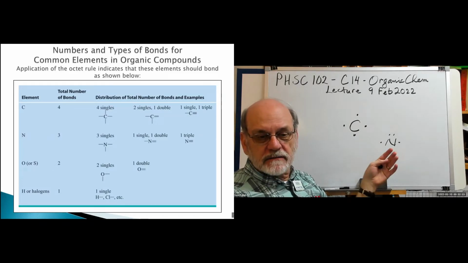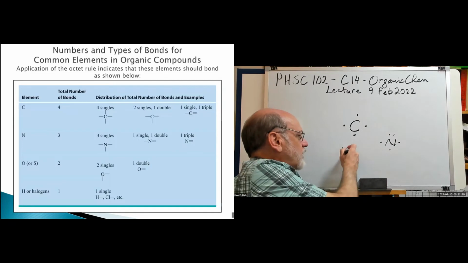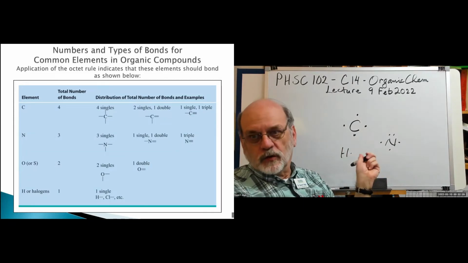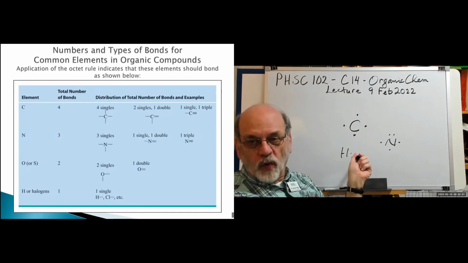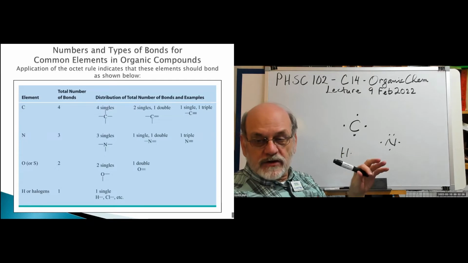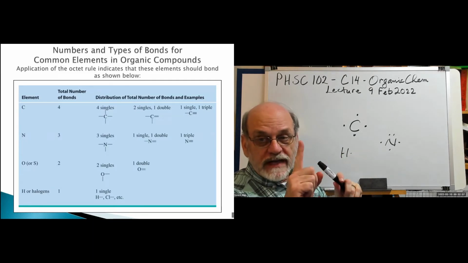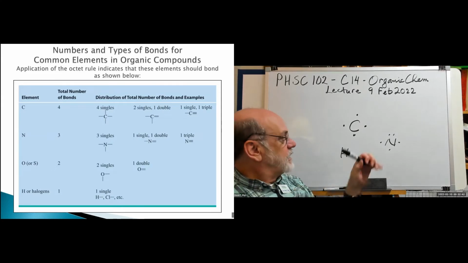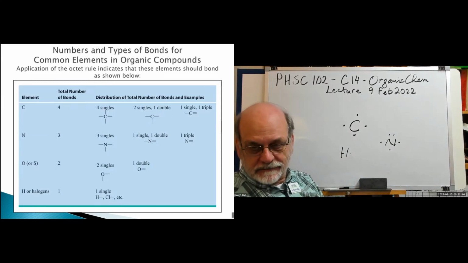And hydrogen, of course, hydrogen only has 1 to begin with. So it's not an octet rule, it's a duet rule. So hydrogen only needs 1 electron to complete its outermost shell. But all the halogens only need 1 electron each. That's why they only have 1 bond for each one.